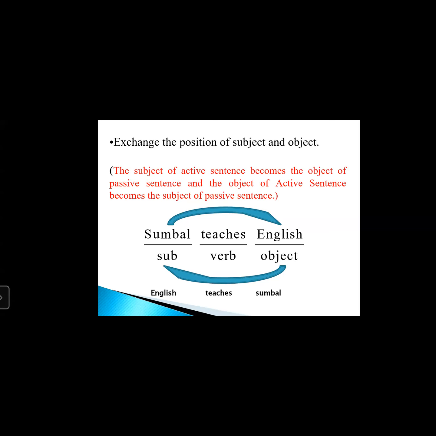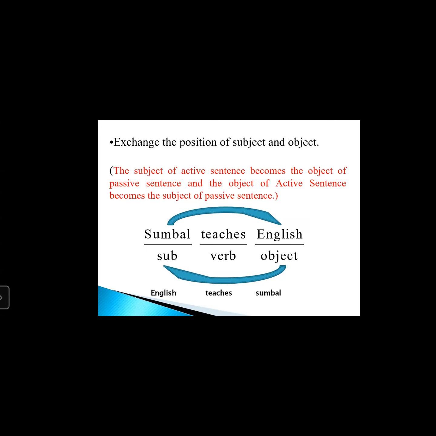In the active sentence, it is the doer of action in subject form. In the passive sentence, it is the doer of action in an objective form. You can call it the passive object, but still it has got the same duty.